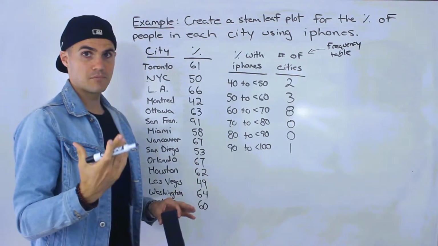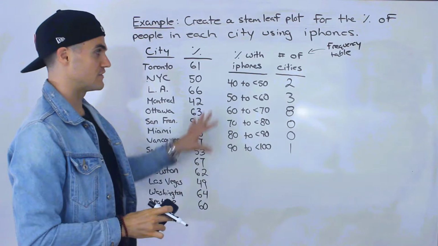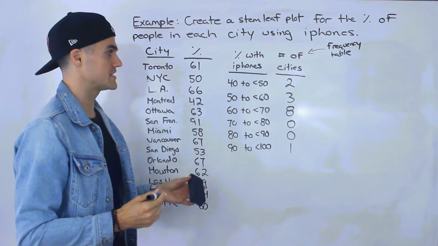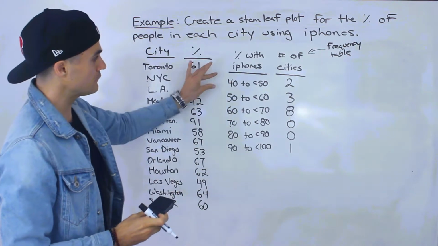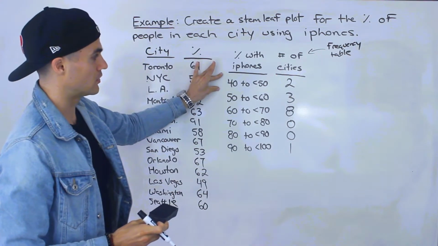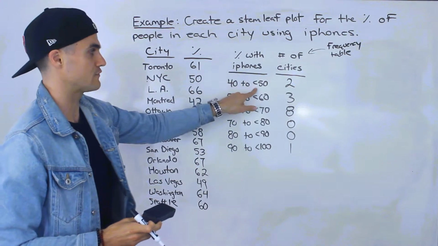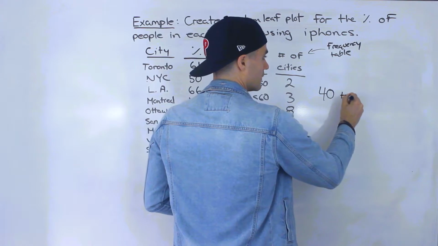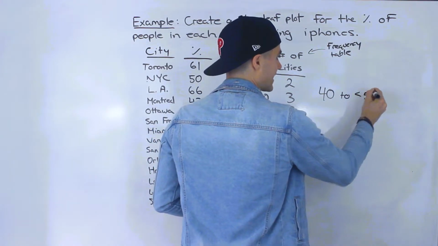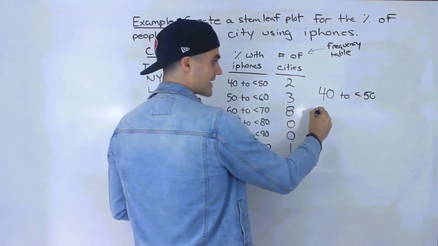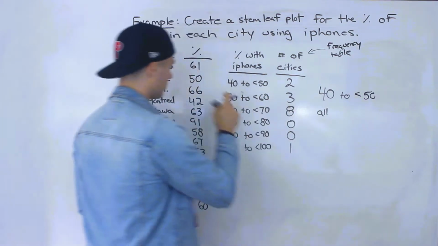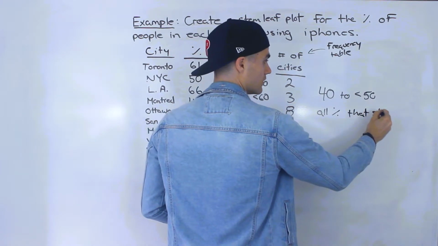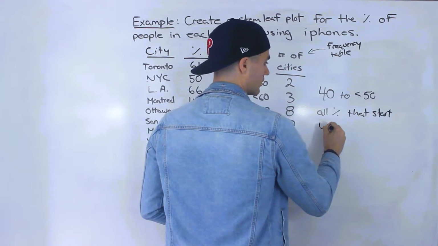Well, a stem leaf plot is actually going to be very similar to a frequency table, but it's going to be more detailed. If we look at this interval here, 40 to less than 50, that is the exact same as all percentages that start with 4.